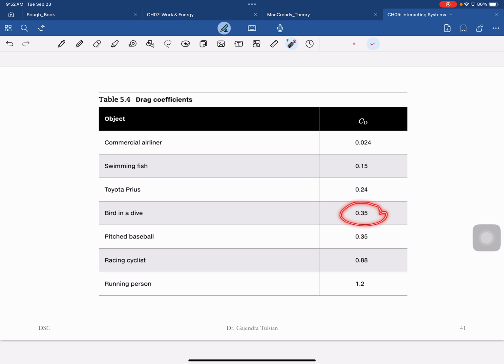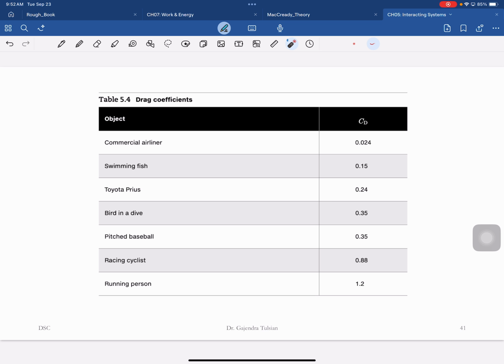For a bird in a dive, it's that. It's the same as a baseball. For a running person, it's about 5 times greater than a Prius. It's 5 times harder to run than drive a Prius.